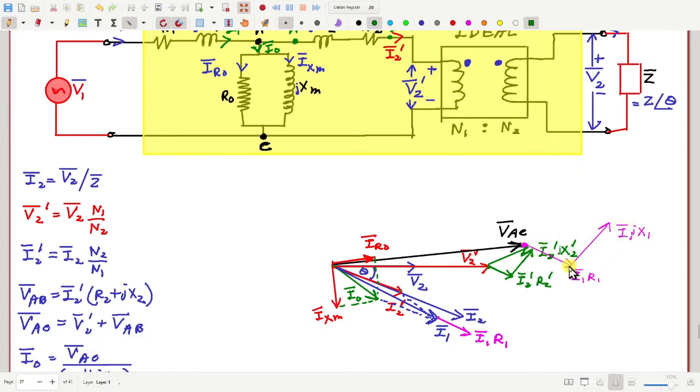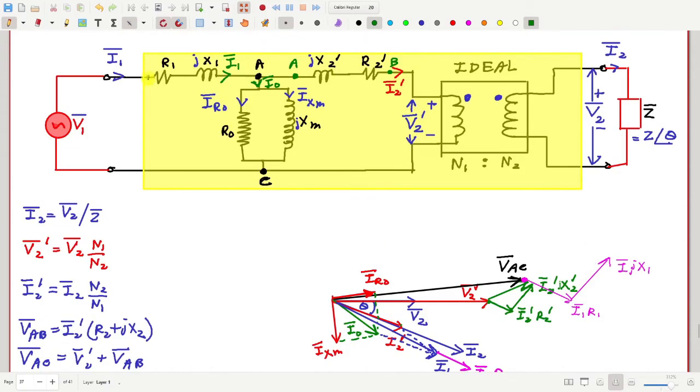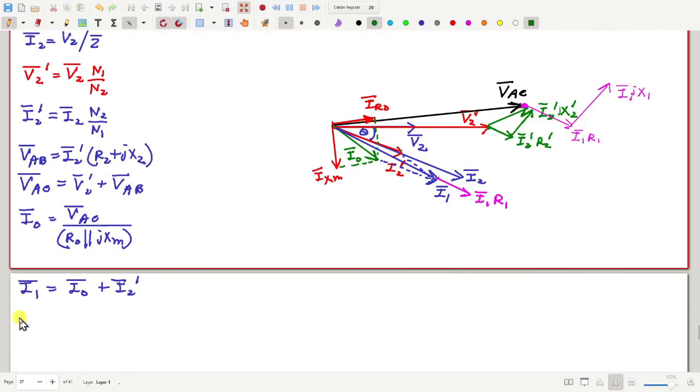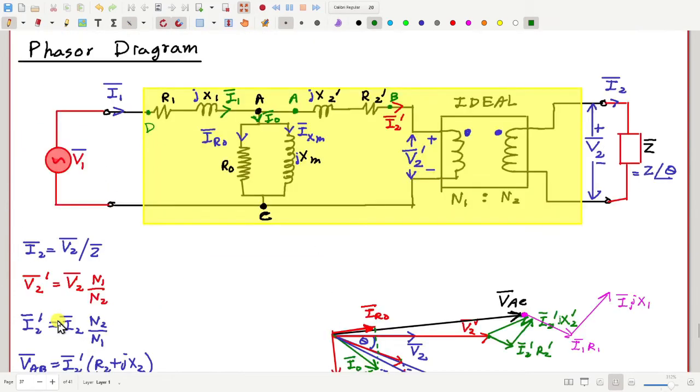Now, this pink colored phasor is the voltage drop from, if I call it D, from D to A. So this voltage VDA is I1 multiplied by R1 plus JX1. Now, if I add VDA with voltage VAC, what will I get? I will get V1.